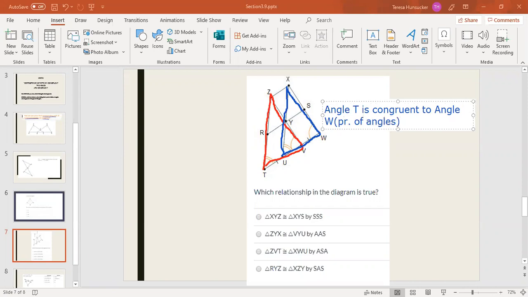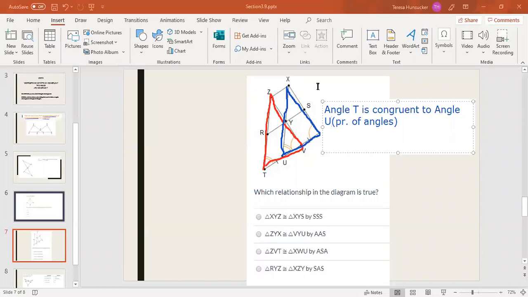All right, remember the ways we prove triangles congruent, okay? Side, side, side, angle, side, angle, side, angle, side angle, angle, or HL. We know we don't have right triangles, so it's not going to be HL. We should also notice that angle T is congruent to angle U. I don't know where I got W from. Angle T is congruent to angle U, excuse me.